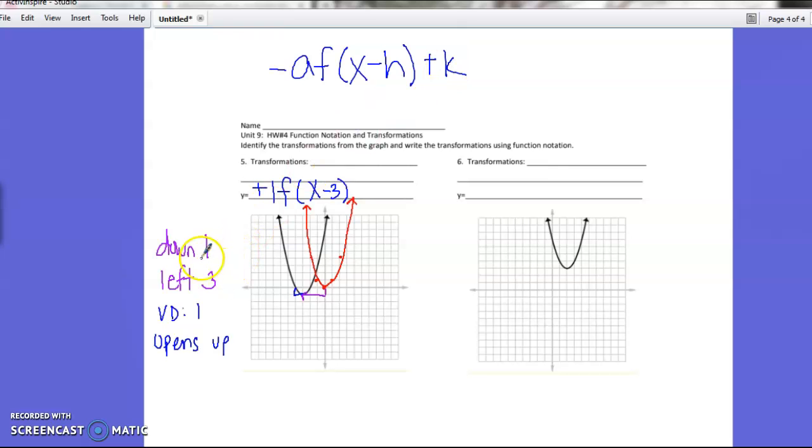And then I'm moving down 1, so instead of plus K, I'm going to have minus 1 for my K. So this is my function notation for my black function here. So then I can put down 1, left 3.